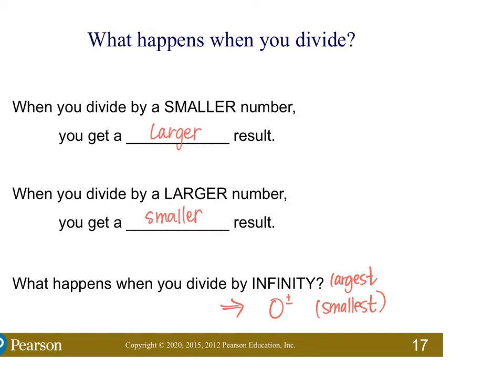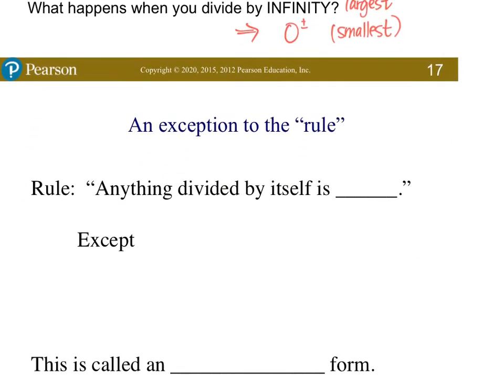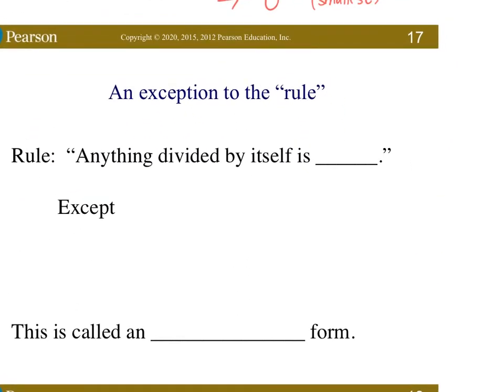That's what we're going to get. Anything divided by itself, that rule is 1, except 0 over 0 or infinity over infinity. These two cases where anything divided by itself is 1, that rule does not apply to these two terms. So these are two of those indeterminate terms we were talking about.